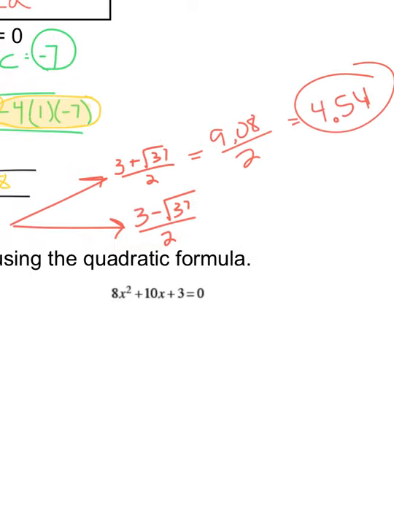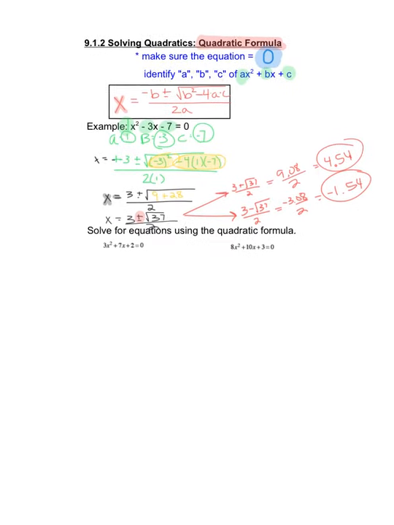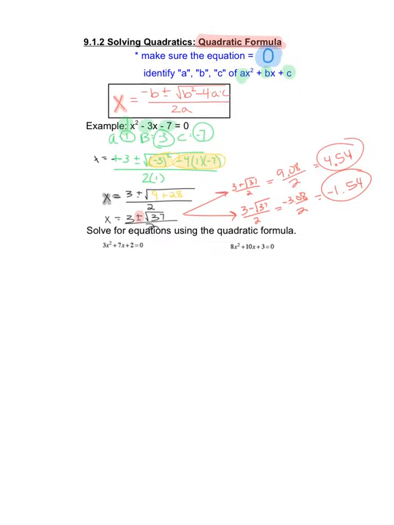And then my second one, I do 3 minus the square root of 37, which is negative 3.08, and then divide by 2. And I get negative 1.54. So I used my quadratic formula and I got two decimal x-intercepts, or x solutions.